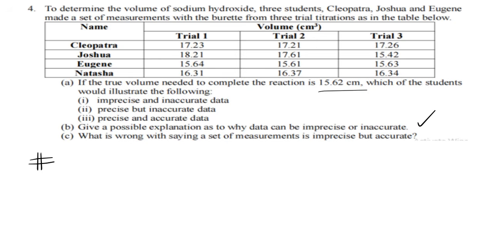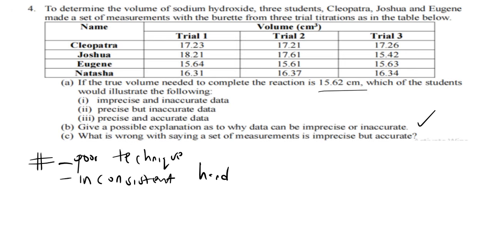Why is it that the spread can be very high to make the figures imprecise? If you're going to look at precision, mostly it's going to be caused by poor technique. Then sometimes the way you're just handling your instruments, inconsistent handling techniques, or handling of equipment.